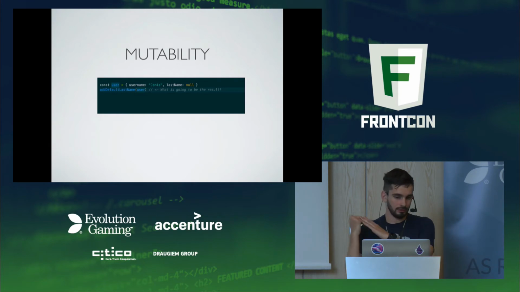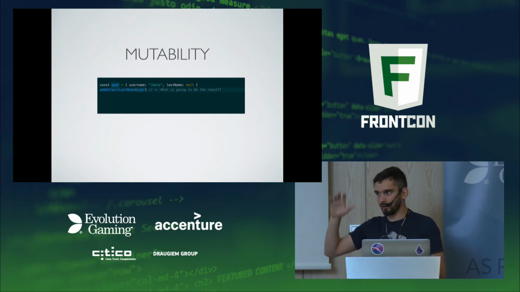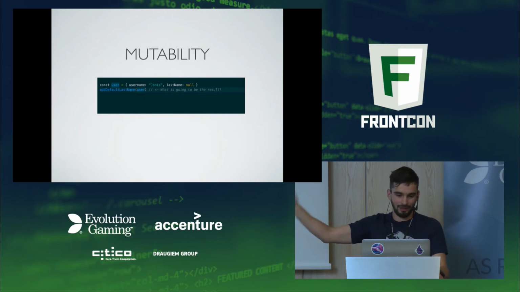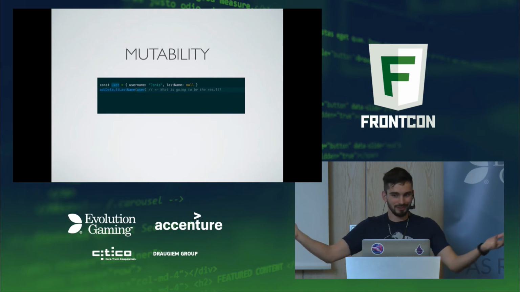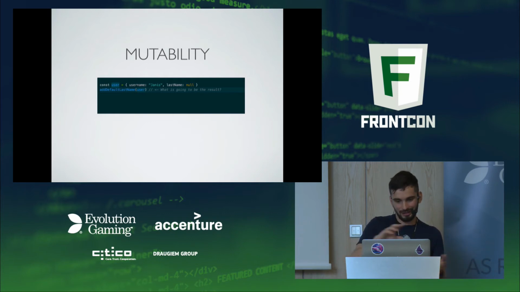Will it modify the existing object? Or will it call some third-party service somewhere and return some other version of the last name? We don't know, and that's the main issue with most programming languages. It's really hard to reason about.